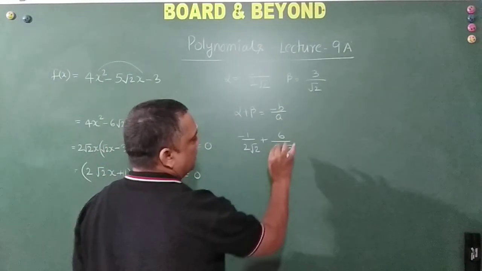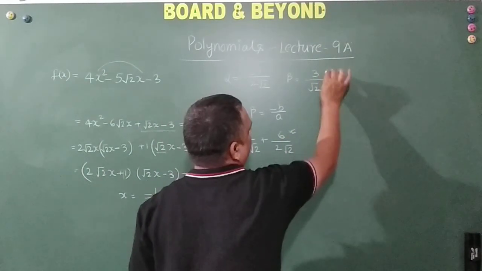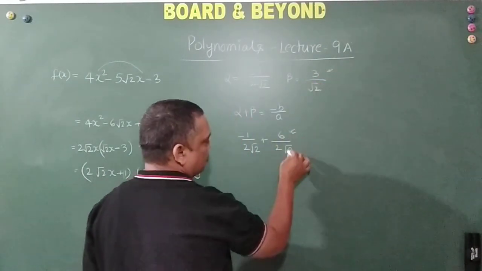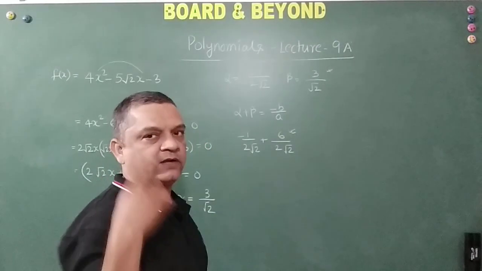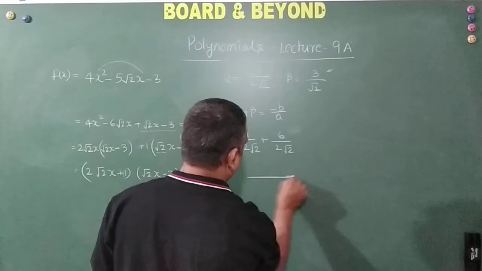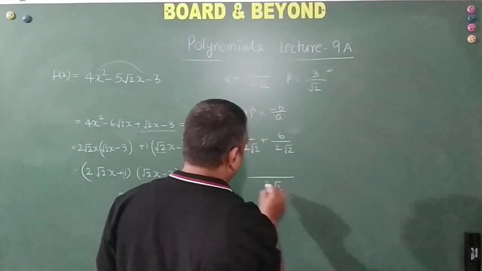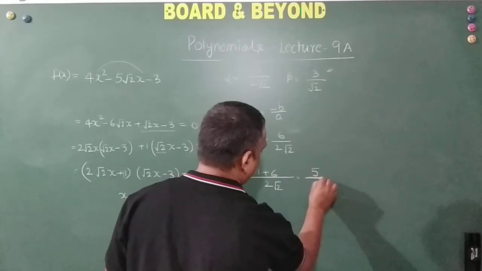Okay. So friends, I hope you have understood this transformation of beta from 3 by root 2 to 6 by 2 root 2. I have multiplied the numerator and denominator with 2. Right. Okay. So now moving forward, this is 2 root 2 and this is minus 1 plus 6, which is giving me 5 by 2 root 2.